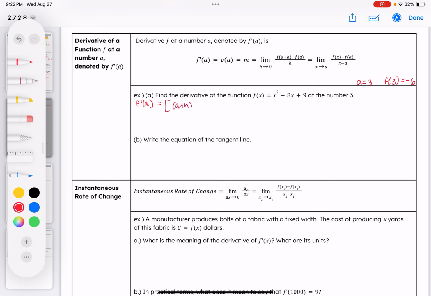So I have a plus h squared minus 8 times a plus h plus 9. Then I'm subtracting my original function, a squared minus 8a plus 9. Again, I should have my limit notation, the limit as x approaches 3, or we could say as h approaches 0.